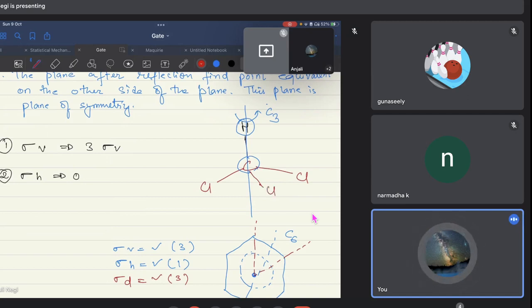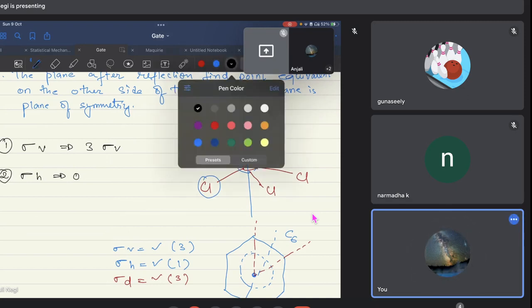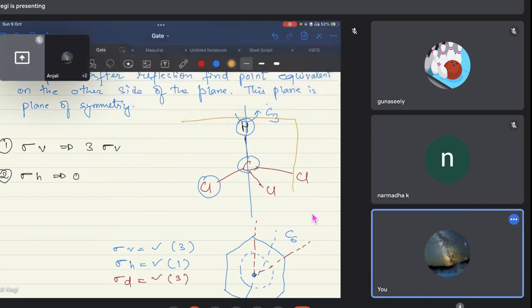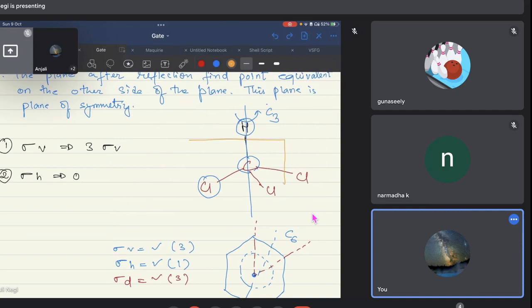Or I can just say these three atoms are in one plane. So this plane that I can draw is... So what two points are reflecting?